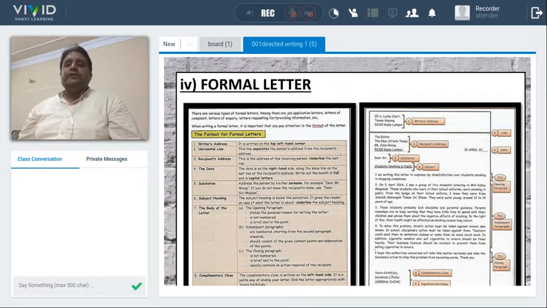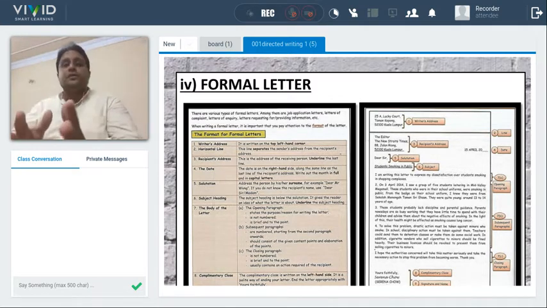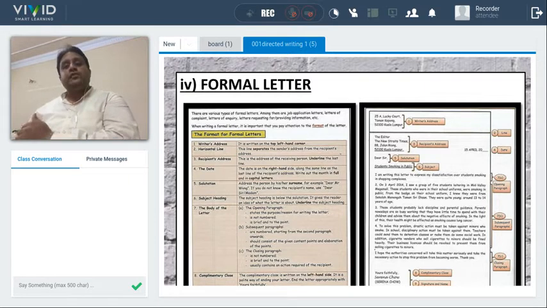For example, if we take a question in which the principal asks you to recommend some of the improvements in the school library, and you read the question, you read the content points as well, you read the first content point, which actually states that you need to share with your audience the very areas of library that need attention, that need improvement. Now, how are you going to take up this first content point of yours? How are you going to develop this first content point of yours into detail with the help of logic and reason?